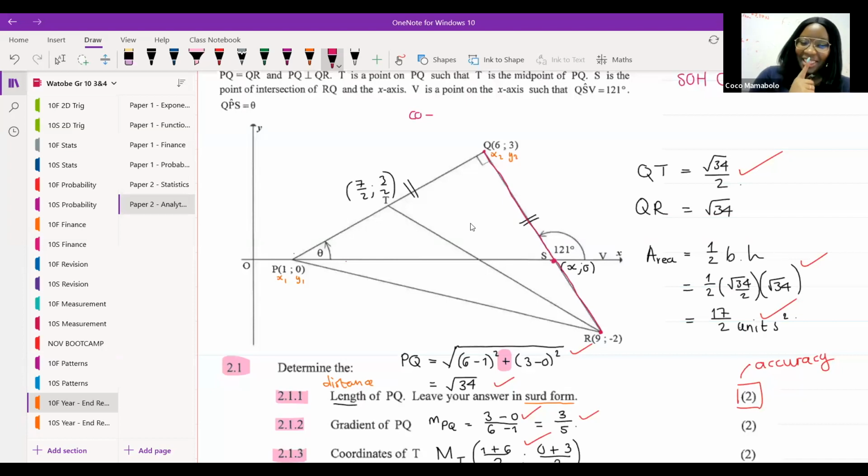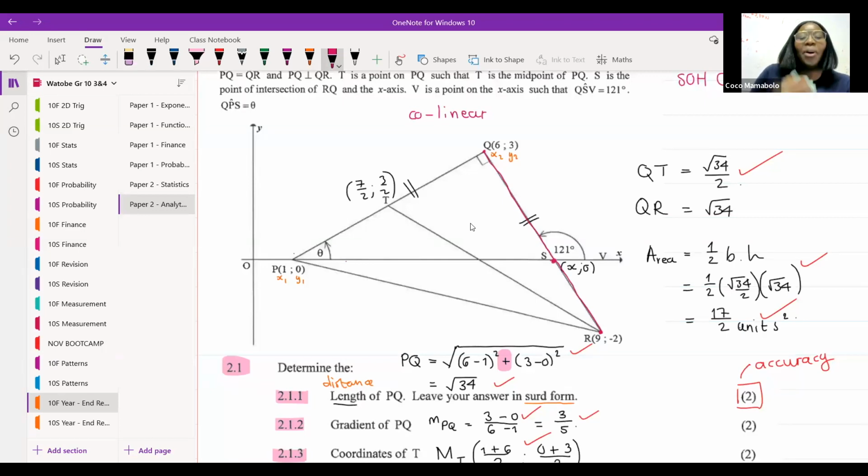Abigail has just said it, have a look in the chat. It is co-linear.